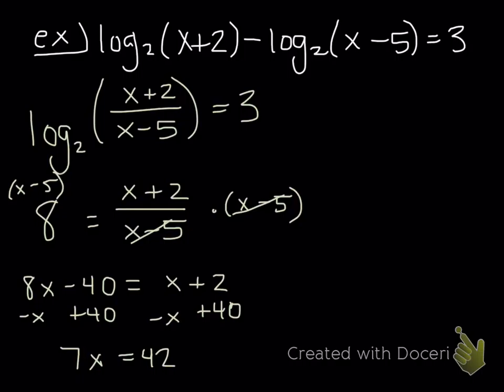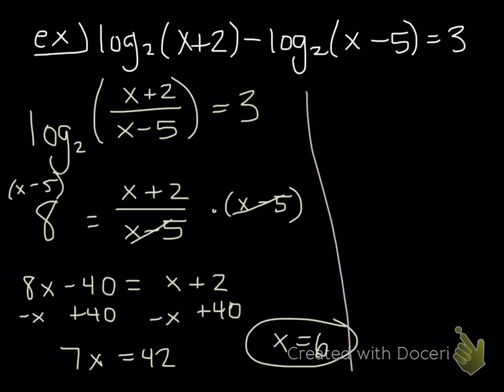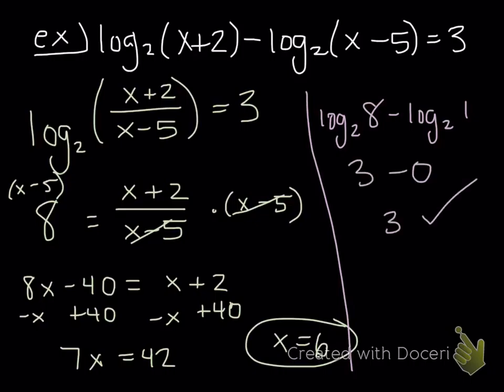Divide both sides by 7, and we get that x equals 6. And again, all these problems you could do a quick check for. So if I plug 6 back in, I'd get log base 2 of 8 minus log base 2 of 1, and I get 3 minus 0, which is 3. And that's how you know it checks out.